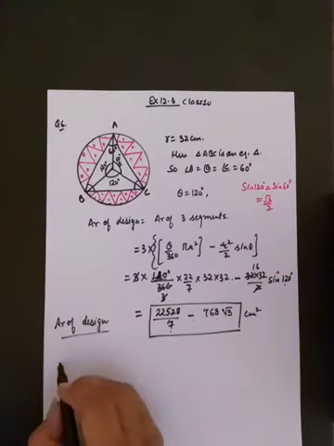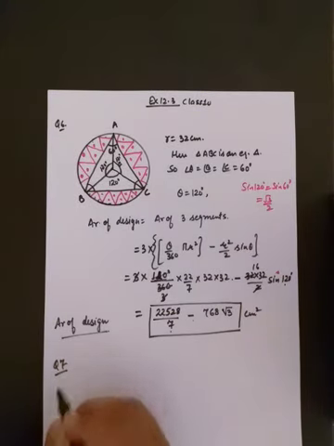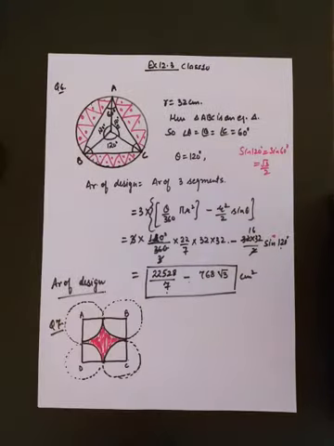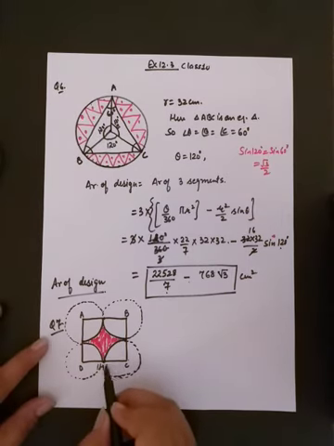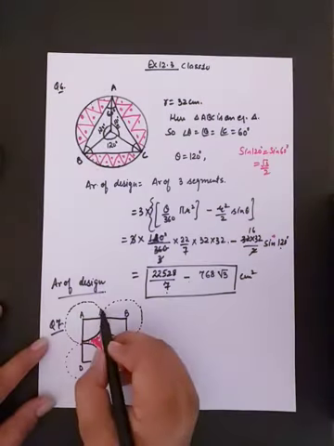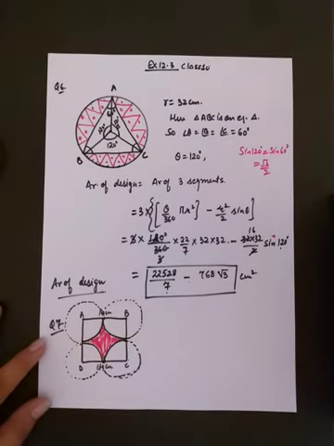Next, question number 7. In the figure, ABCD is a square of side 14 centimeter. Here the side of the square is given to us as 14 centimeter. A, B, C, D are 4 vertices of circles drawn such that each circle touches externally 2 of the remaining 3 circles.